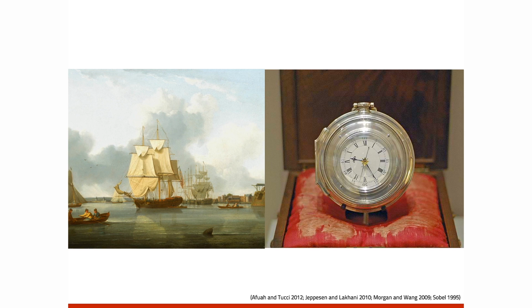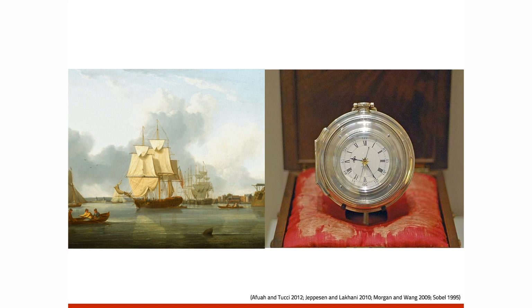But the problem in terms of navigation was that the latitude was rather easy to determine, but not the longitude. And this created a series of problems, and especially in 1707, the British lost an entire fleet and 2,000 men because they wrongly determined the longitude.